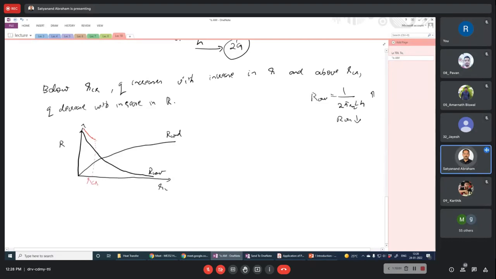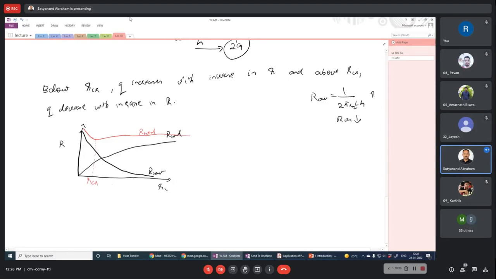After R critical, the increase in the conduction resistance overweighs the reduction in the convection resistance. So after that the total increases and eventually approaches the R conduction. That's what is going to happen. This is the R total.